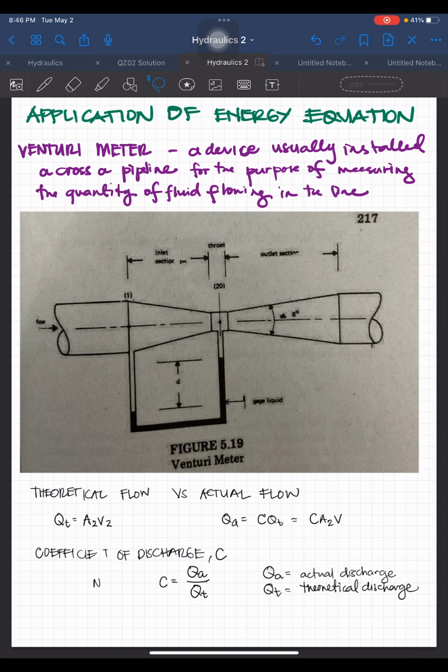Whereas yung actual flow naman, from the term itself, it is the actual flow na nangyayari sa tunay na buhay, no? Nagkakaroon ng mga konting differences yung theoretical and actual flow because of the losses along the way, no?